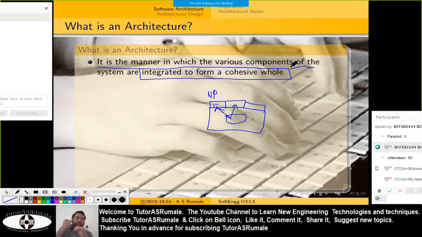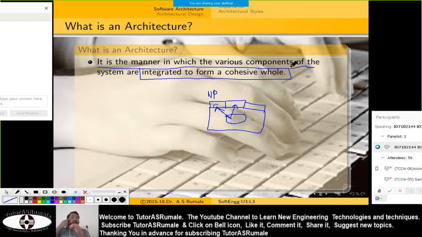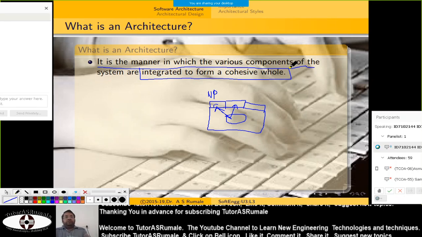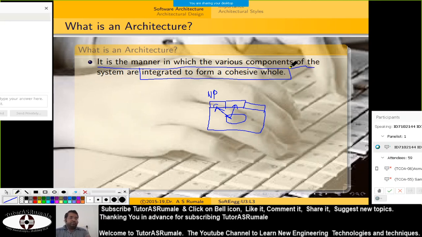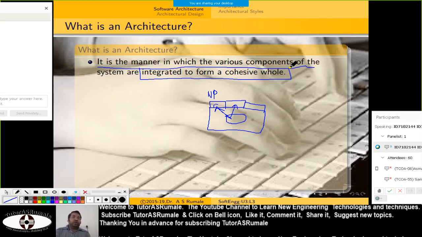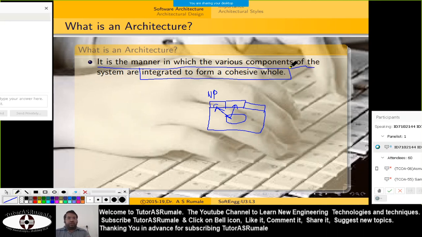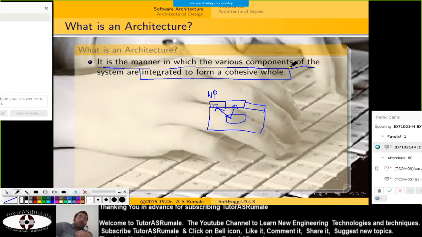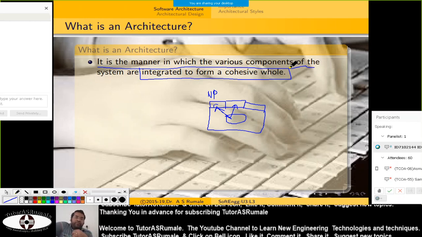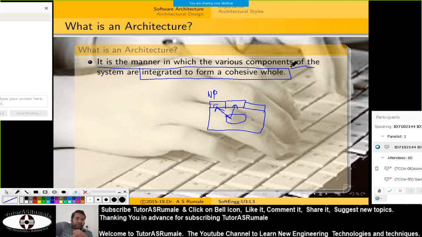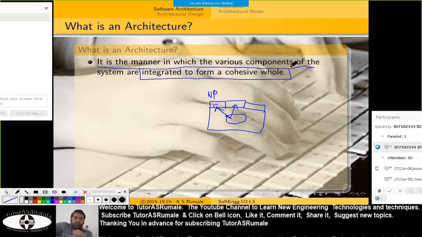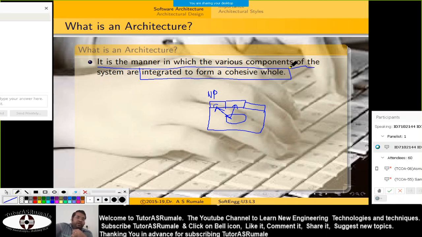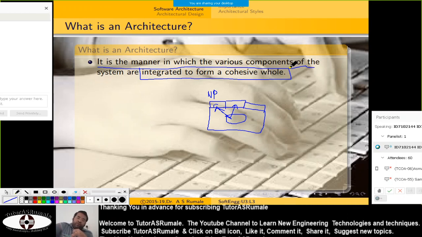When a cohesive whole is formed by the integration of different components of software, we can call that an architecture. Anything without such cohesion can't be called an architecture. For example, suppose you have a room with a table fan. Is it cohesive? No, they are not strongly coupled; you can very easily move the fan out of the room.